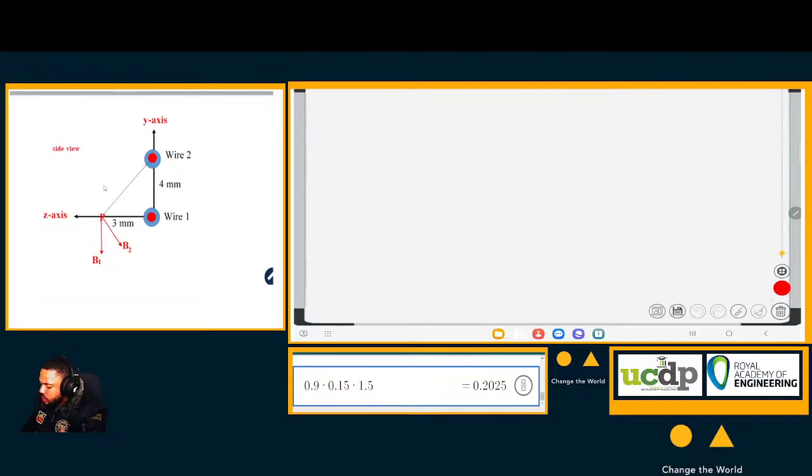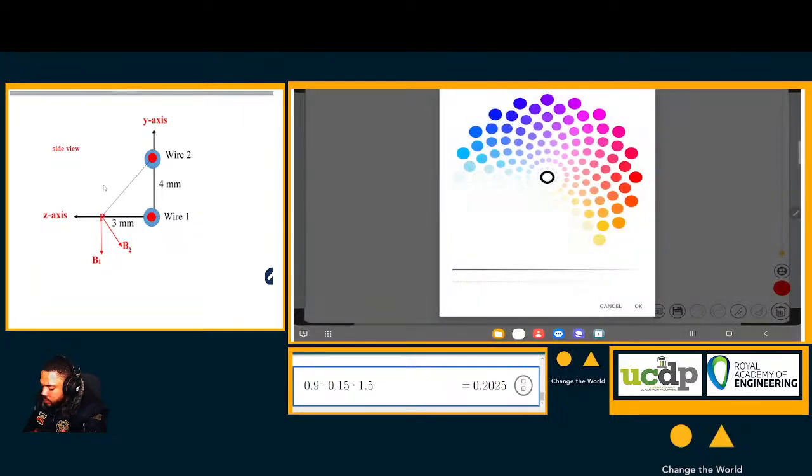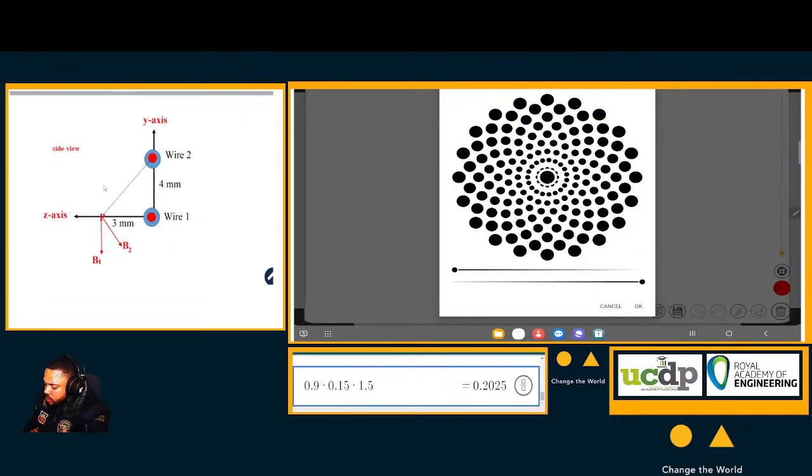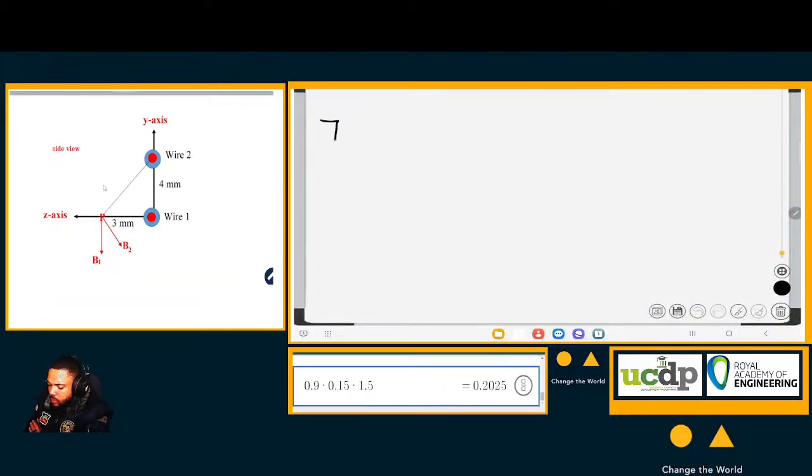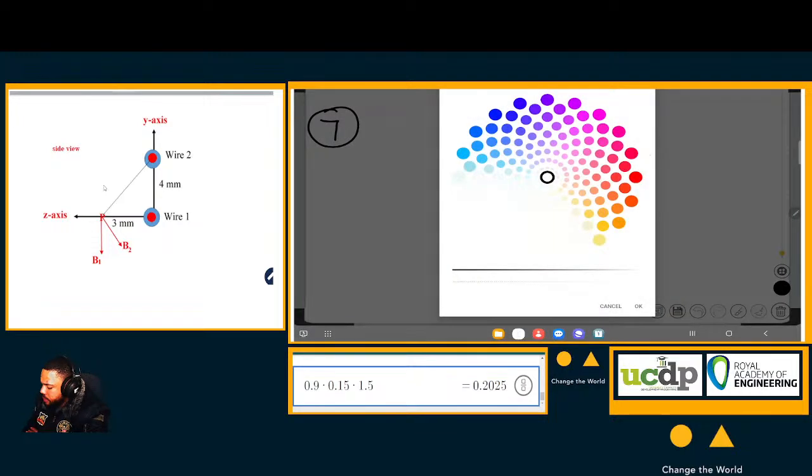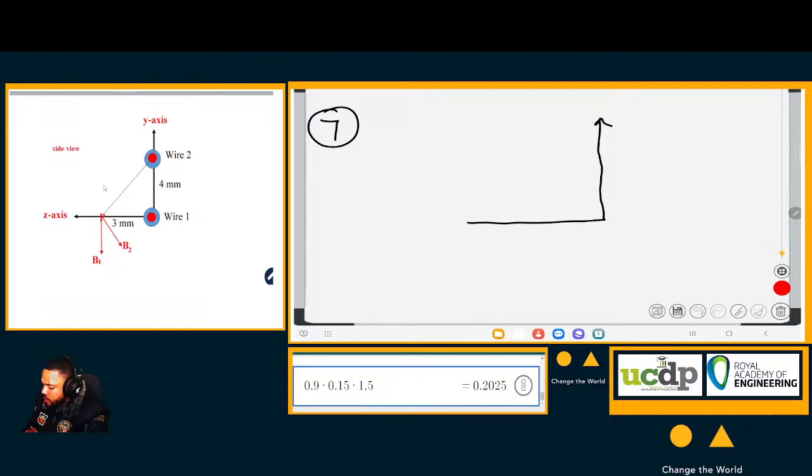Let me just draw this smaller. I want to depict the actual magnetic fields. So here we have magnetic field source number 1.